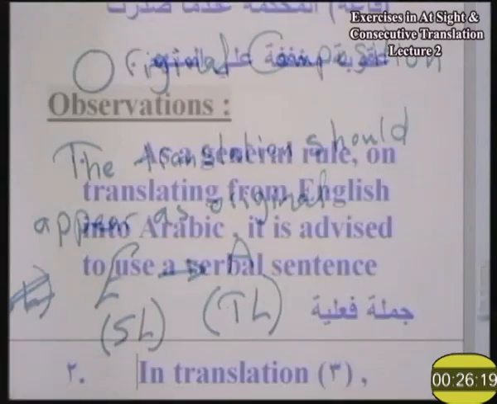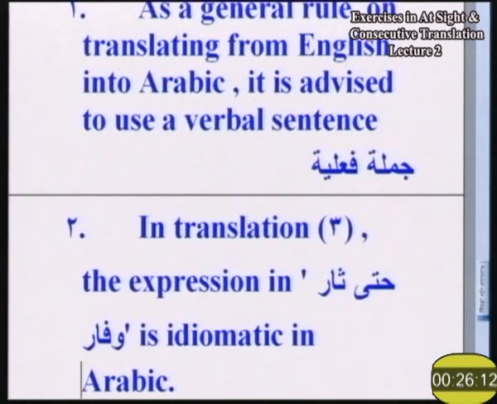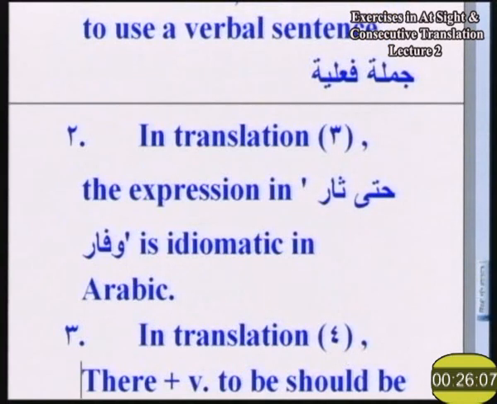Okay. In translation 3, the expression is حتى ثار وفار. The expression حتى ثار وفار is idiomatic in Arabic. Again, this takes us back to what I've been saying about the original composition and about the nature of English. Again, I'd like to remind you that all the time you have to be reading a lot in both English and Arabic, not only to have general knowledge about the world around us, but also to acquire the structure and the vocabulary of both languages.